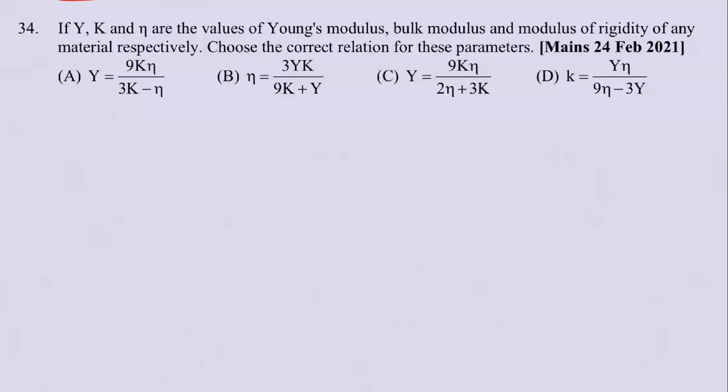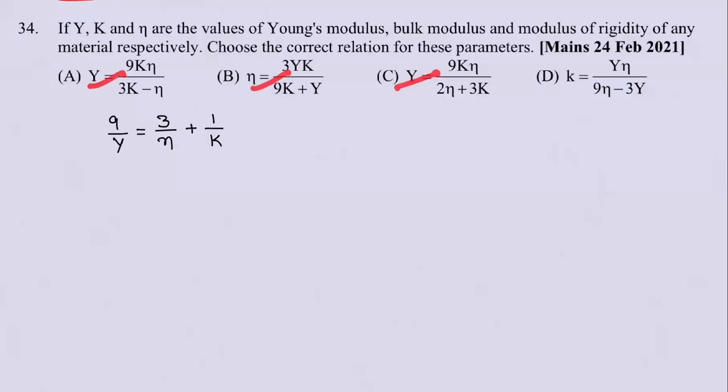34, last one. And this is also relation between them: bulk modulus, rigidity modulus and all. We know the formula: 9 by Young's modulus is equal to 3 by rigidity modulus plus 1 by bulk modulus. We need to deal with all these things, right? We have to check all 3 in the ABCD options.